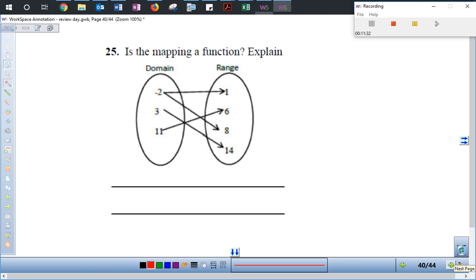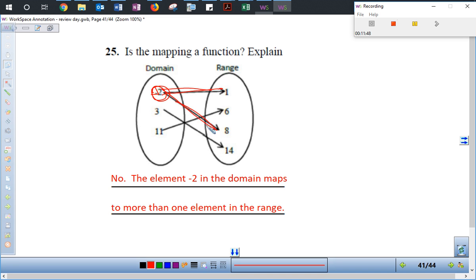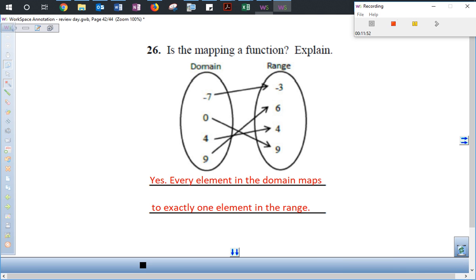Number 25, is the mapping a function? Explain. Pause the video. And the answer is no, because the element -2 in the domain maps to more than one element in the range. So it's got 2 arrows coming from it, so it is not a function. 26, pause the video and get that one done.